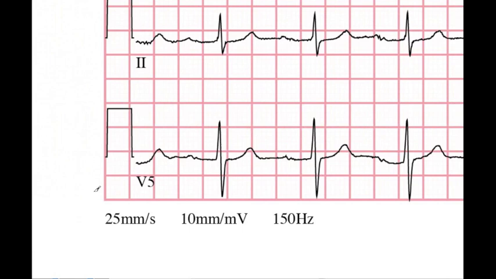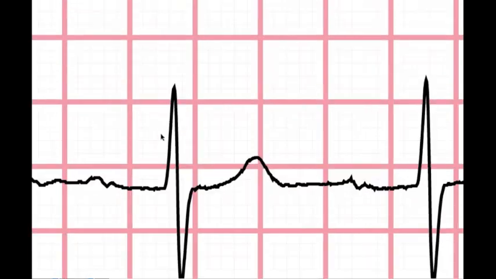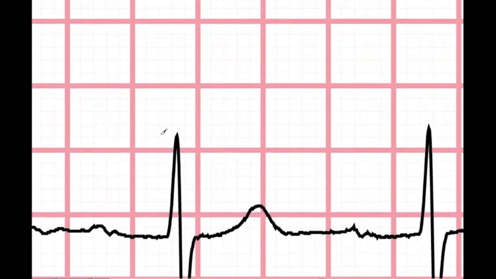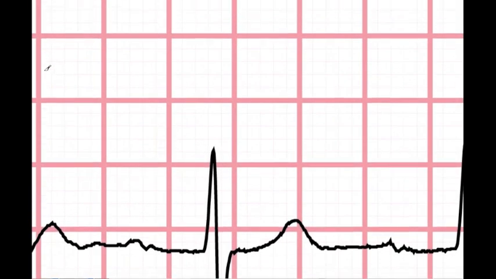Another thing to note on the EKG are these numbers down here. You could see this, 25 millimeters per second. That means it's hard to see in here, but each one of these big boxes here represents 5 millimeters. So obviously 5 times 5 is 25, and that's a second. So I'm going to draw them in here quickly.